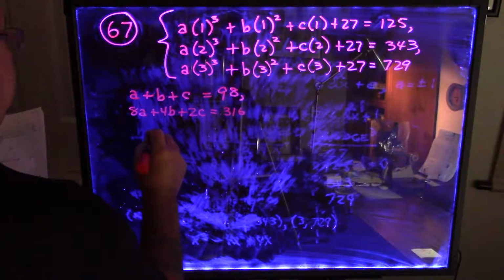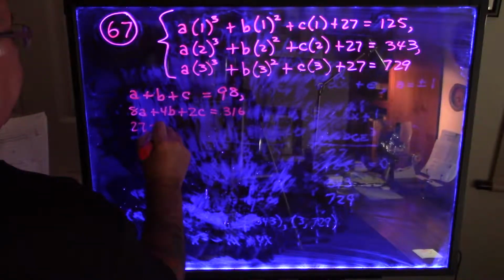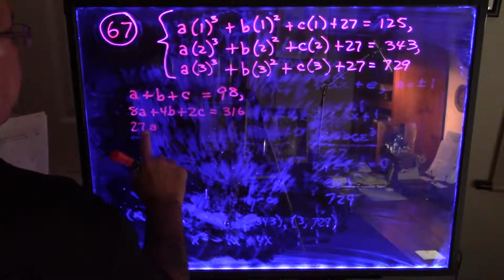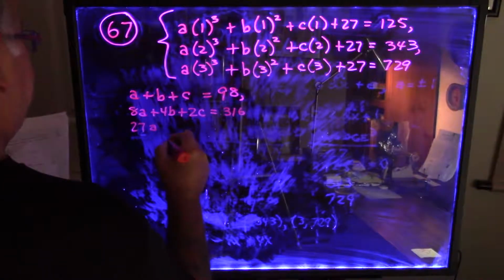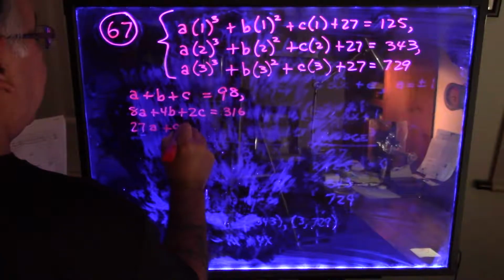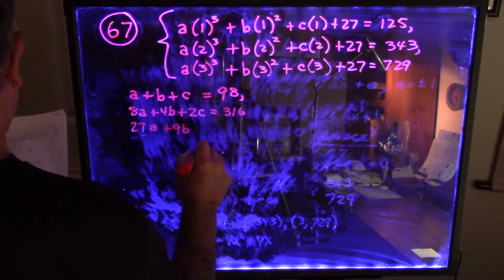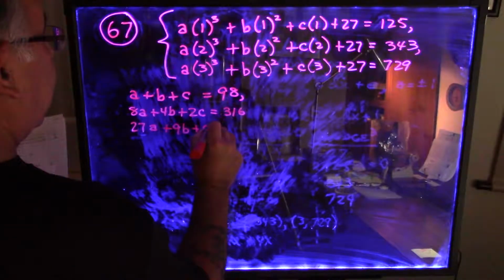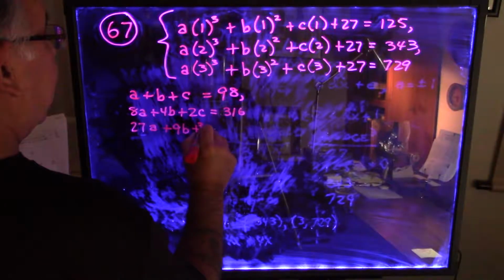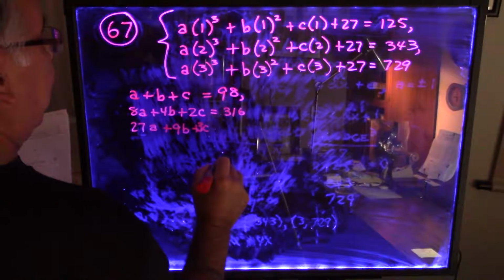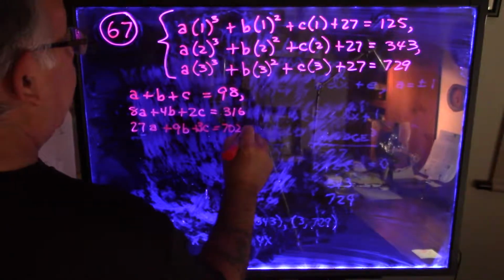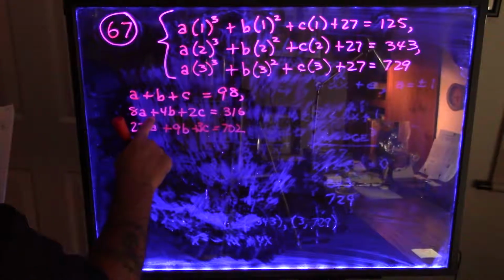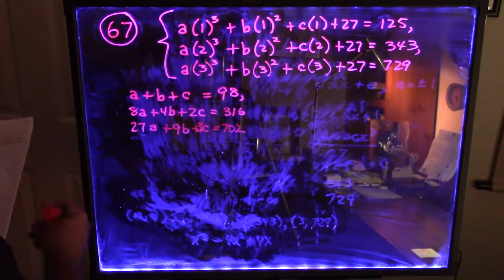And the third is 27a plus 9b plus 3c equals 702. Now these last two equations can be simplified.